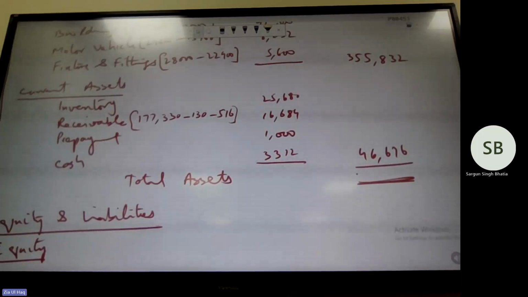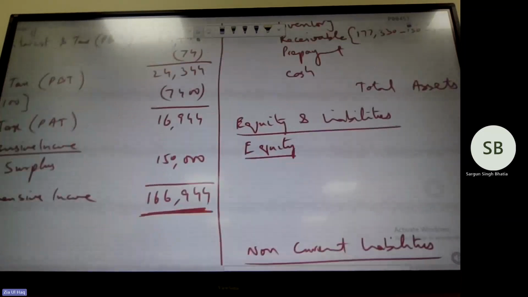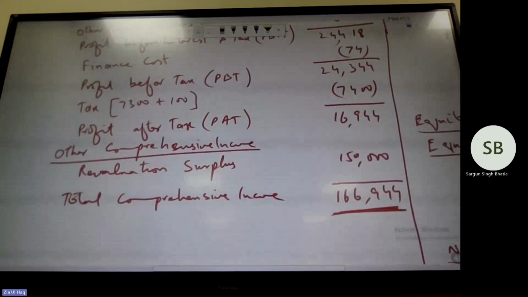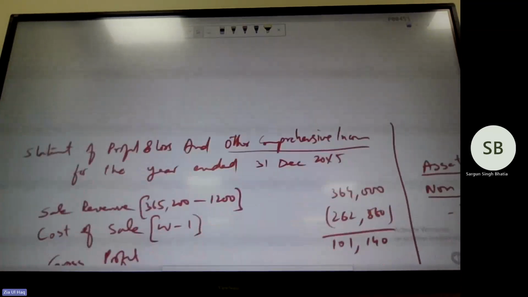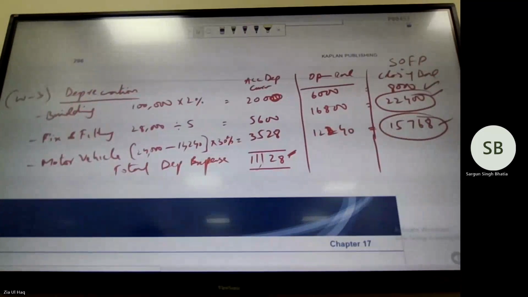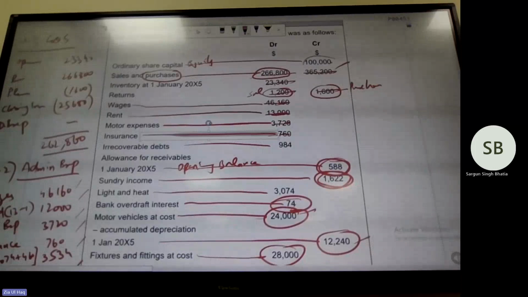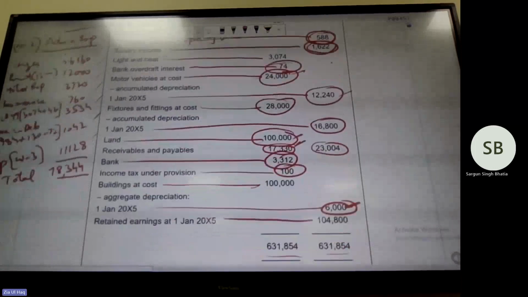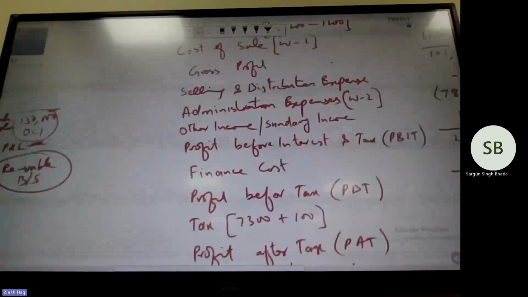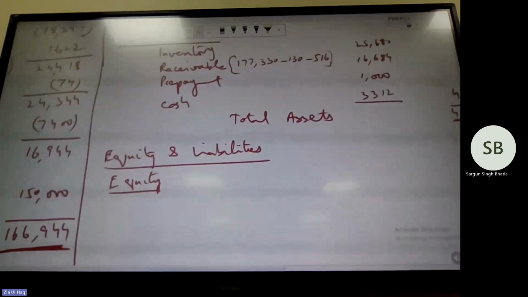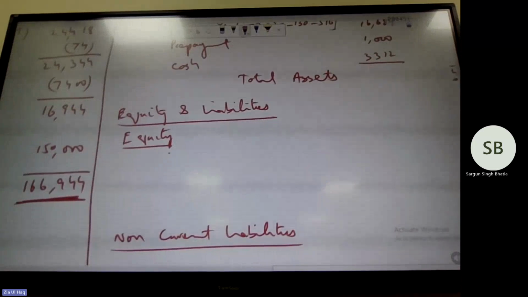Now we are moving towards equity and liabilities. In equity, we have share capital. What is the figure for share capital? It is 100,000. There is no issue of new shares during the year, so this share capital will remain the same at 100,000.